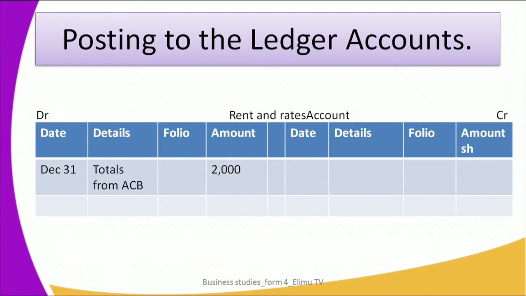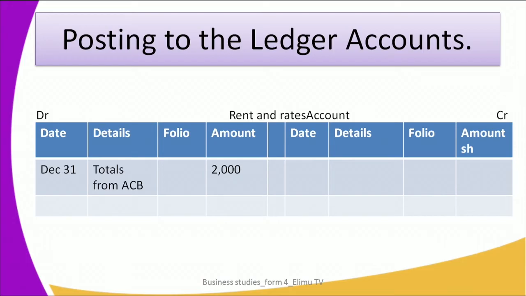Maybe before we proceed, I want to emphasize something. We are talking of posting to the ledger accounts. To be exact, the accounts that we have prepared involve revenues and expenses. These two kinds of accounts are usually contained in the nominal account.